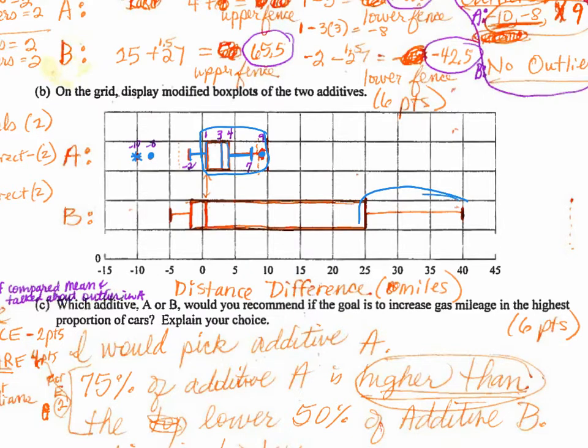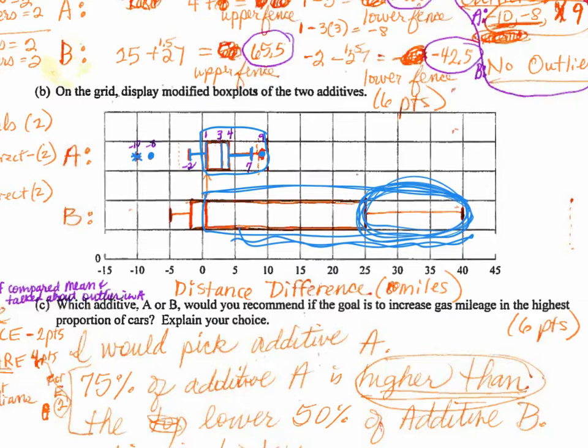This 50% has better gas mileage than the bottom, less than 25% or something. Well, but look here. See this top 25%? That one's above the whole thing. So you just had more data that was much, much higher than the other one. Okay, so they could support either one. Just pick one and support it.